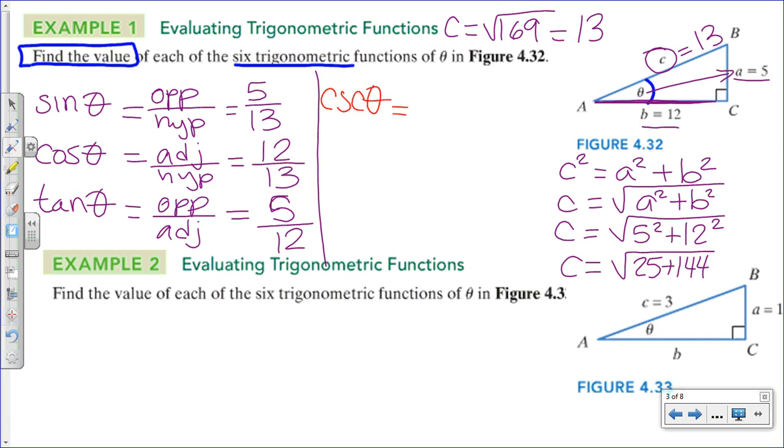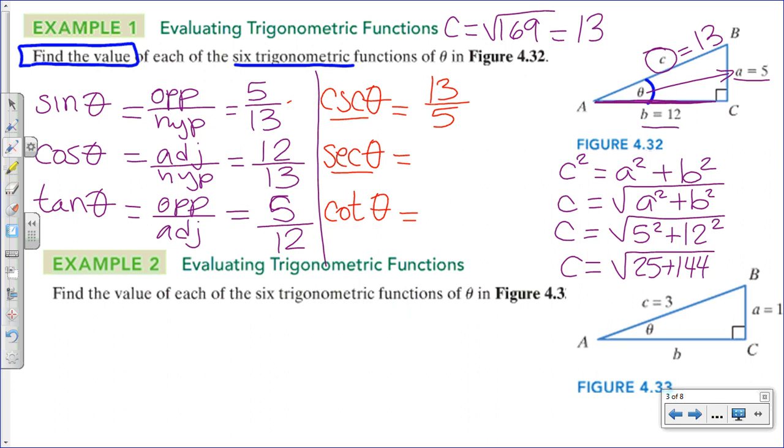We can get the reciprocals of all of those. So could you guys try to get those, please? So you will get for cosecant, the reciprocal of sine, for secant, the reciprocal of cosine, and for cotangent, the reciprocal of tangent. Okay, so what is the cosecant of theta? Not over 12, over 5.